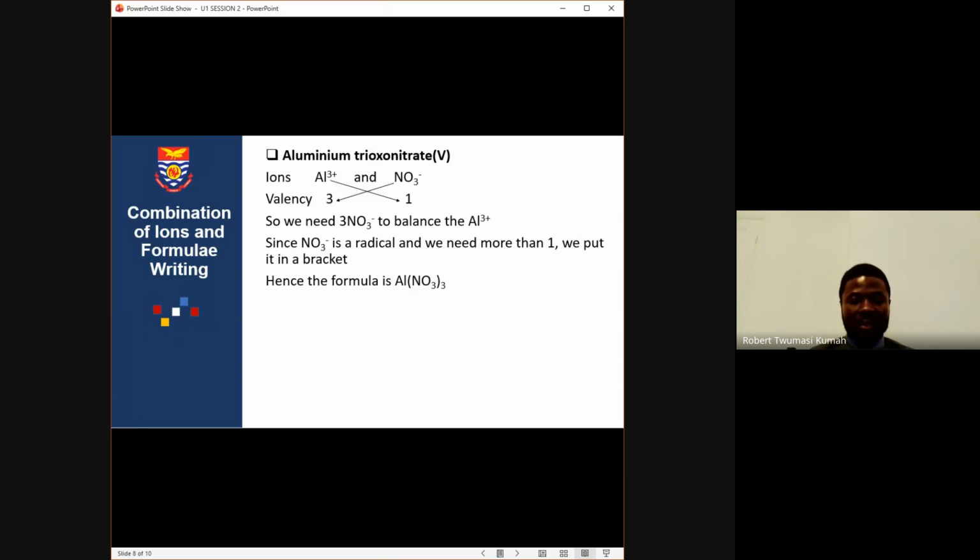So anytime we have a radical and the subscript to write is not 1, we put a bracket and write the subscript outside the bracket. If it is outside there, it is multiplying what we have in the bracket.